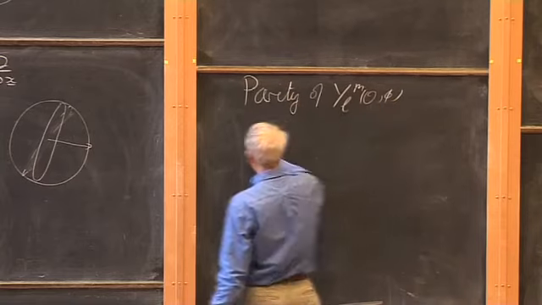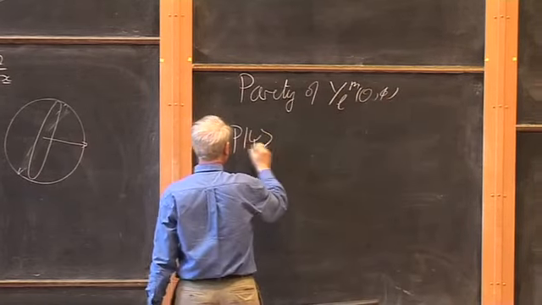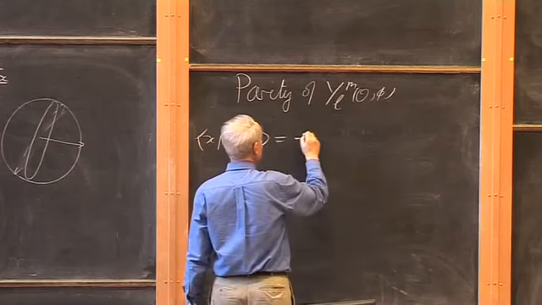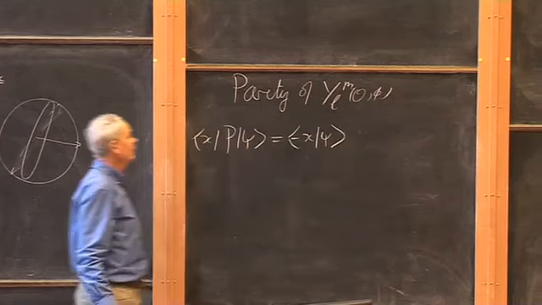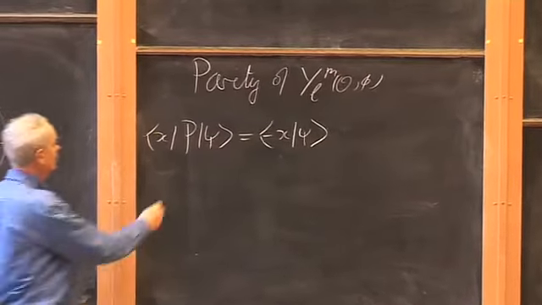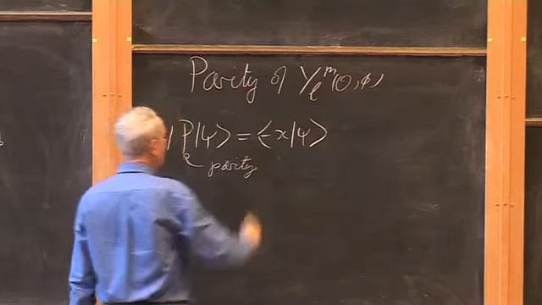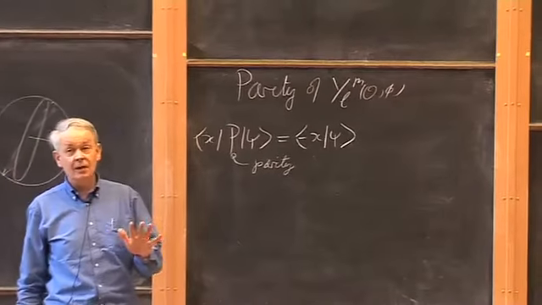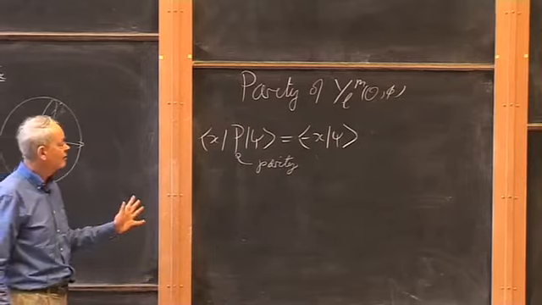So remember, the parity operator, P, working on psi, makes a state whose amplitude to be at x is the amplitude to be at minus x if you were in the state of psi. That's the definition of the parity operator. And these states of well-defined angular momentum turn out to have well-defined parity. That's what we're about to show.